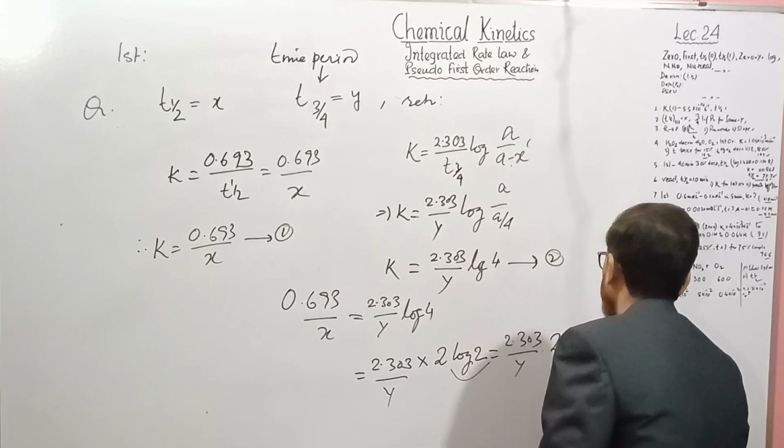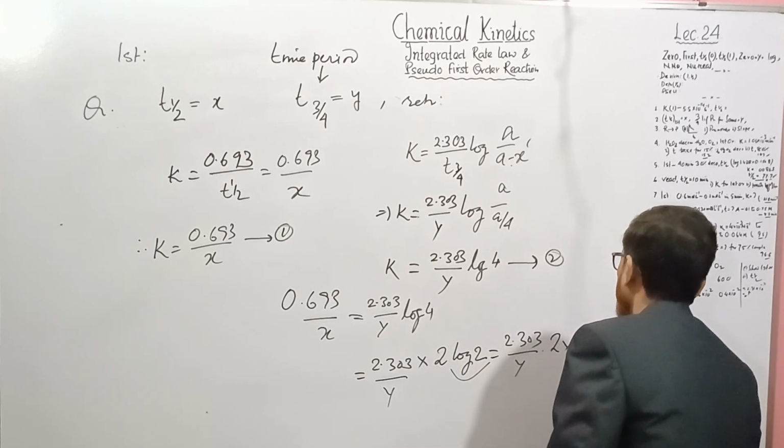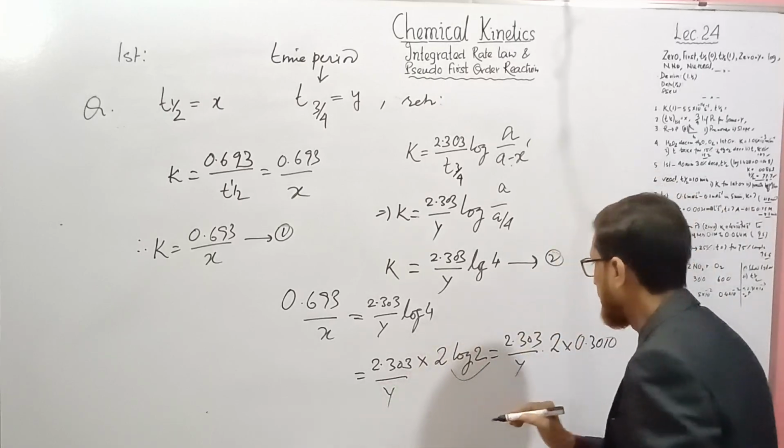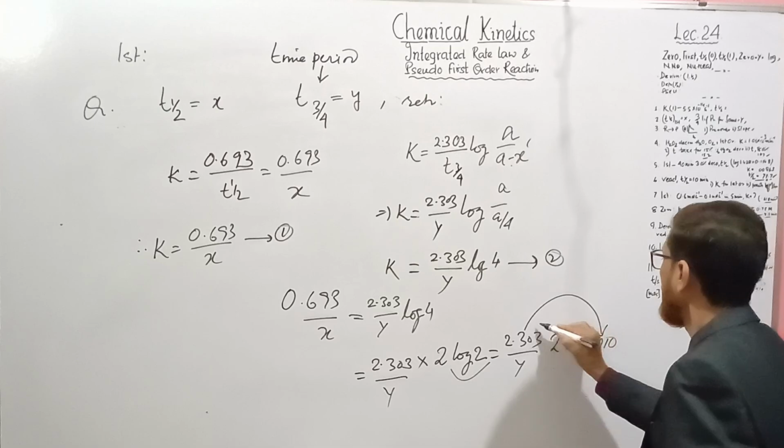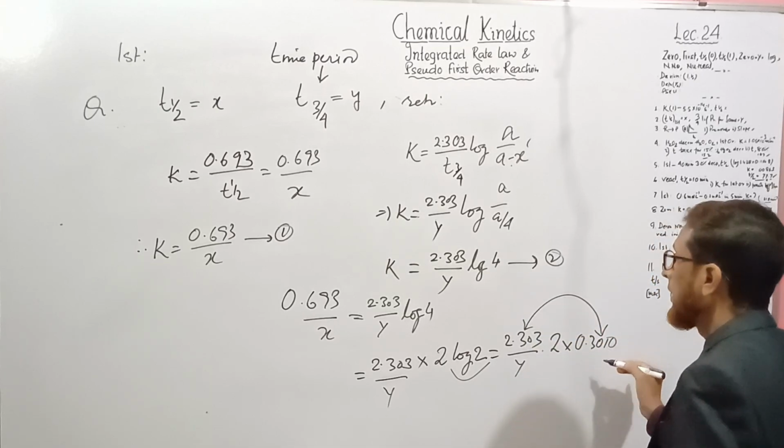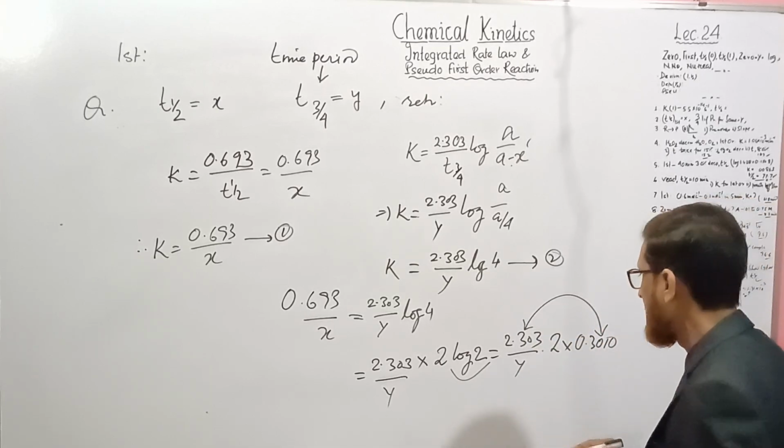So this is 2 log 2, and log 2 is equal to 0.3010. At the very beginning I told you 2.303 and 0.301 gives you 0.693.